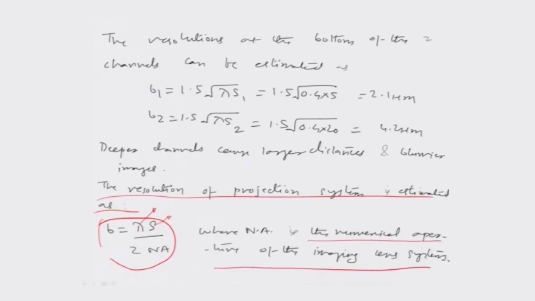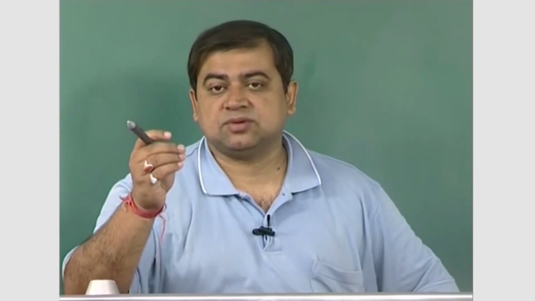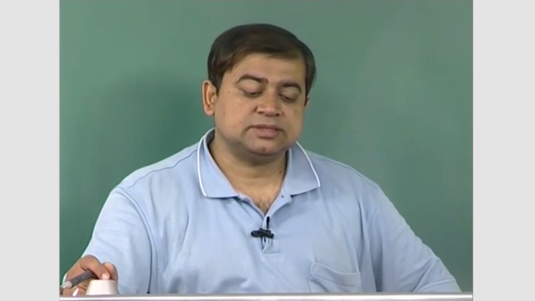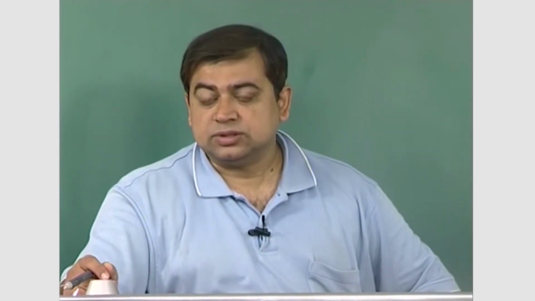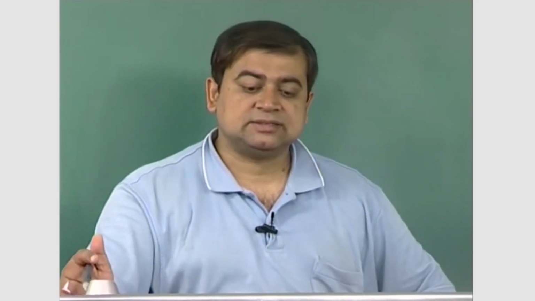Mind you, in projection lithography you have to use expensive optics for guiding the light, so that there is no diffraction effect, because it comes through typically very long distances from small windows. So, a projection lithography system would have a resolution B expressed by lambda s by twice the numerical aperture of such a system.